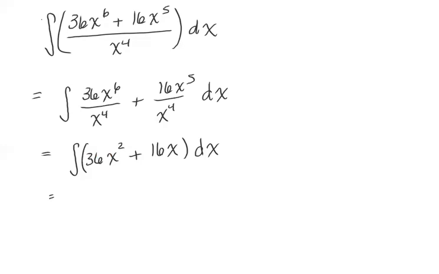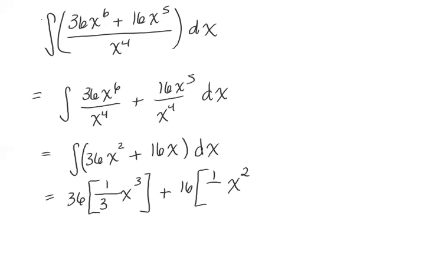This is equal to that constant 36 times the antiderivative of x squared, which is equal to x to the increased power of 3 times 1 over that increased power of 3, plus that constant of 16 times x to the, I'm increasing the power by 1, 1 plus 1 is 2, times 1 over that increased power of 2, and this whole thing I add c to, which I can simplify, and I get 12x cubed plus 8x squared plus c.